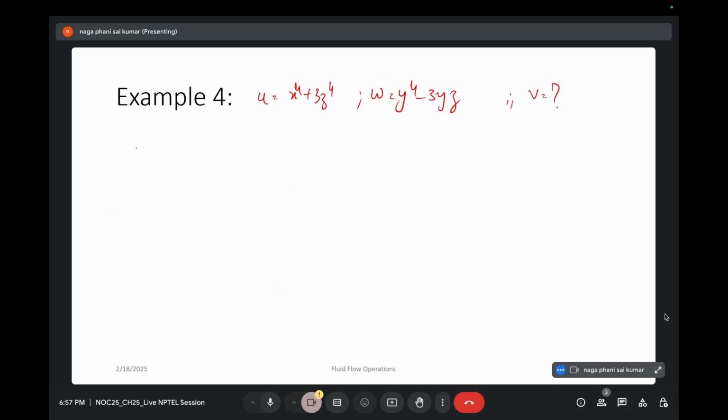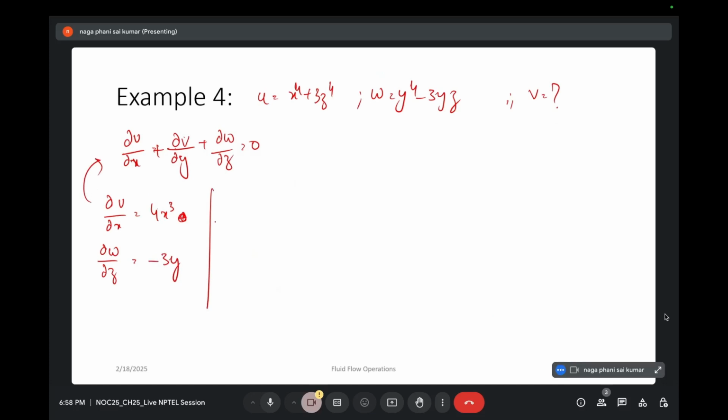So same thing, ∂u/∂x plus ∂v/∂y plus ∂w/∂z should be equal to 0. Calculate ∂u/∂x. This will be equal to 4x³, and ∂w/∂z will be equal to minus 3y.